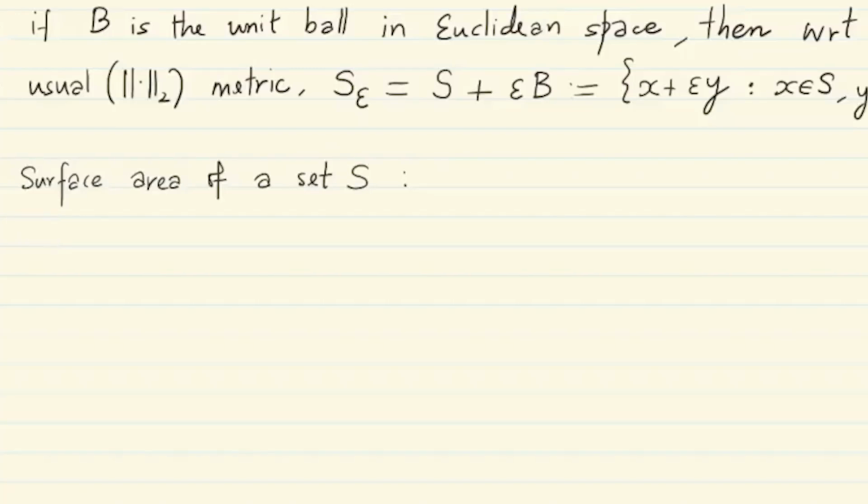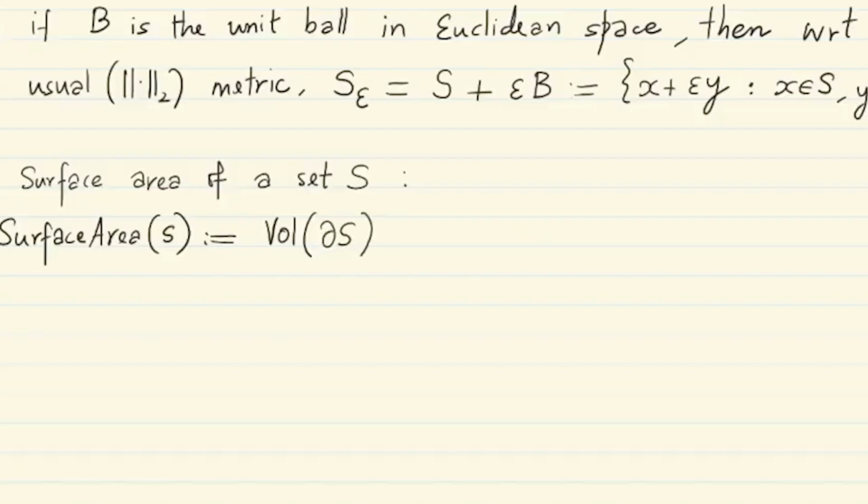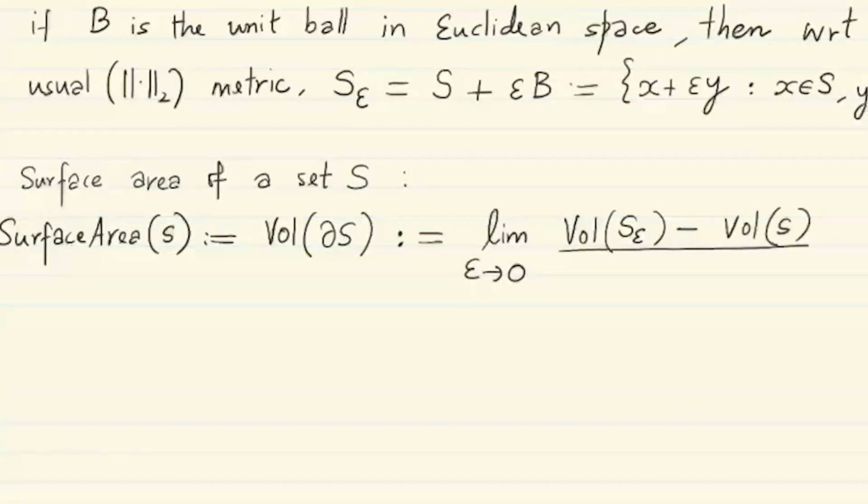The surface area in this view of S is defined to be the volume of the boundary of S, and we define this in turn to be the limit as epsilon approaches 0 of the volume of the epsilon blow up of S minus the volume of S, divided by epsilon.